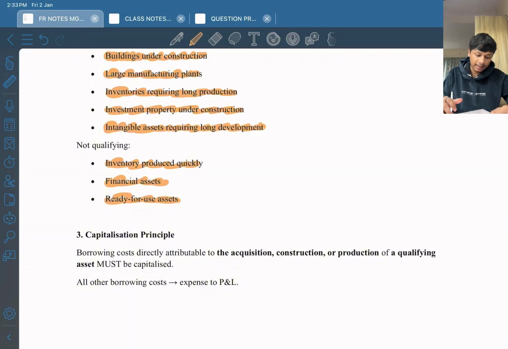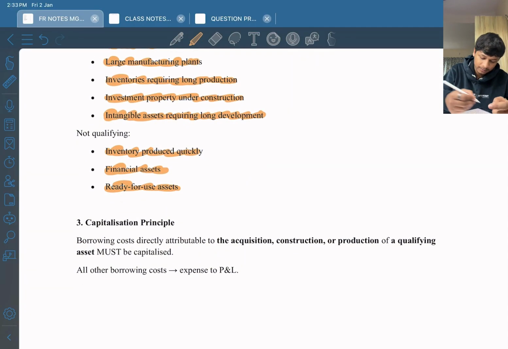Now, what is the capitalization principle? This is very important.